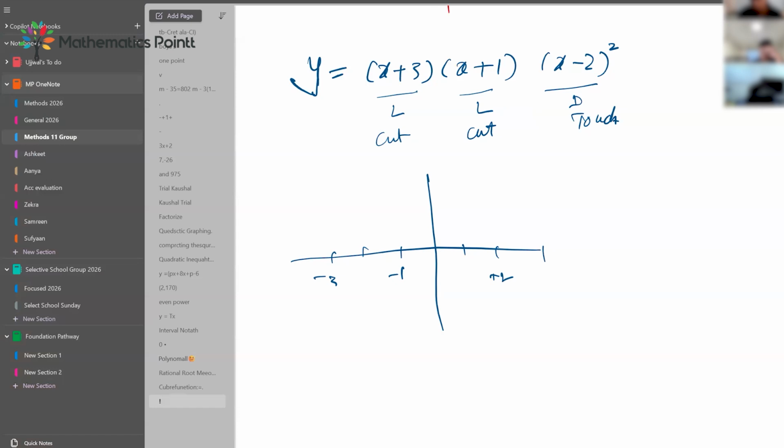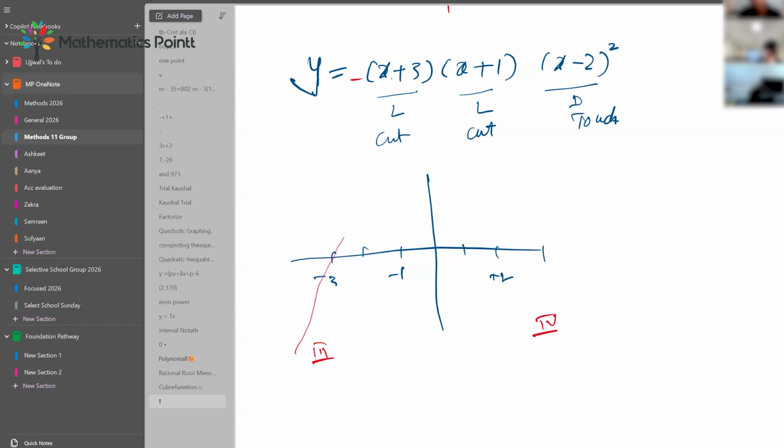All right, let's cut at minus 3. And there is no negative, so that means first quadrant. Sorry, second quadrant. Let's place a minus here. If a minus is there, that means this is a third and fourth quadrant graph, a reflection.